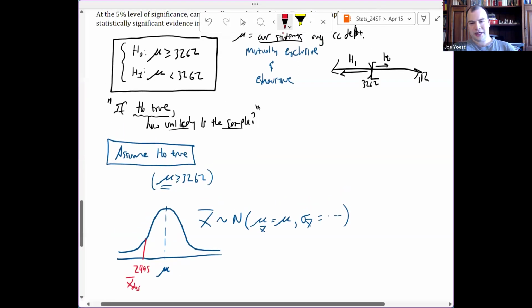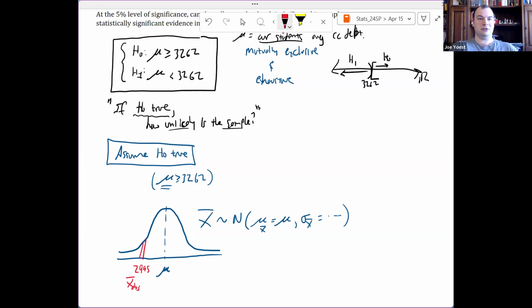Now, if I were to reject the null in favor of the alternative for this type of a sample, if I were to argue that an X bar observed in this context of 2995 is strong enough evidence to overturn the null in favor of the alternative and argue that the mean is less than 3262, I would also make that same decision at 2994, right?